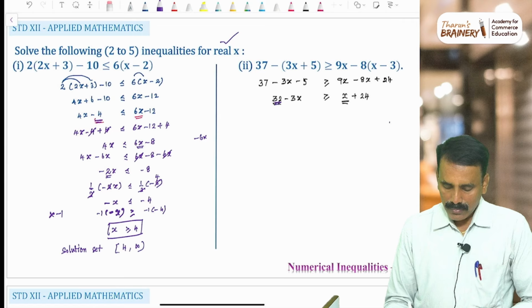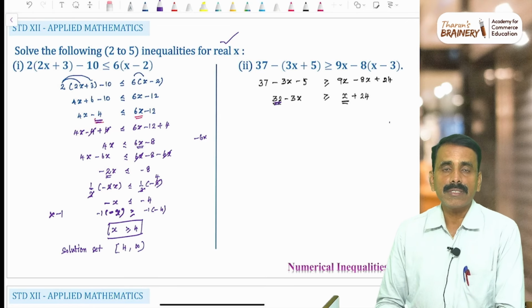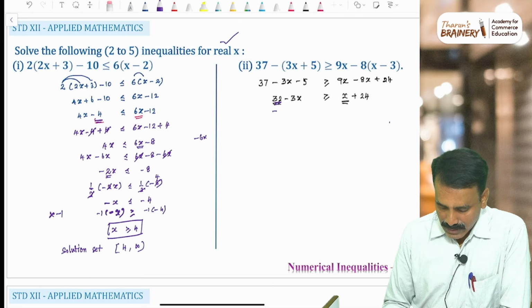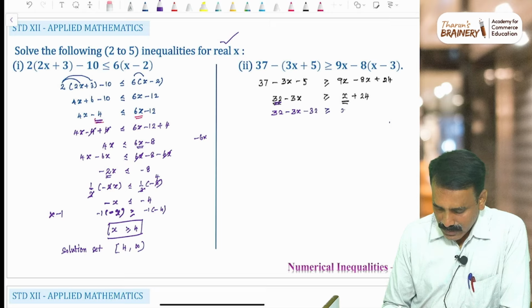So additive inverse of 32 plus 32 is minus 32. So we add minus 32 on both sides, 32 minus 3x. So additive inverse of 32 is minus 32 greater than or equal to x plus 24 minus 32.